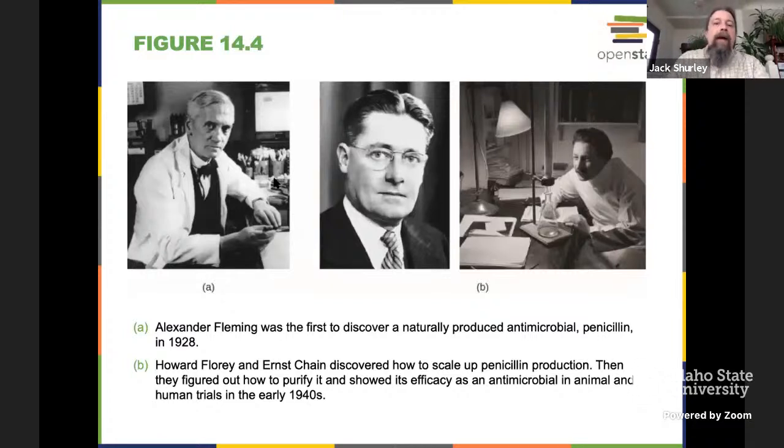Fleming, right here, Alexander Fleming was the first to discover penicillin, and this was in the late 1920s, 1928. This was kind of an accident, truly. So the story goes, he was studying, I want to say it was Staphylococcus aureus. I'm pretty sure it was Staph aureus.